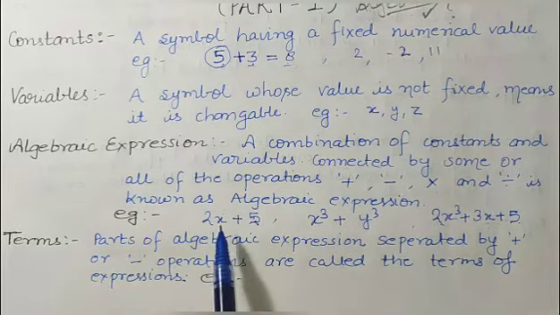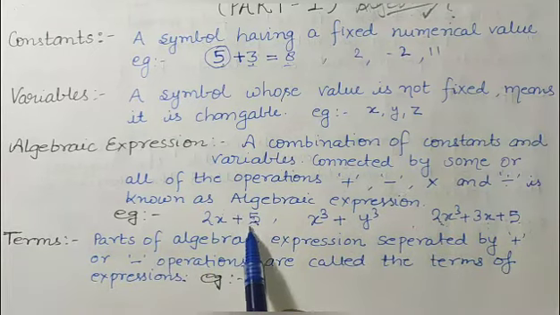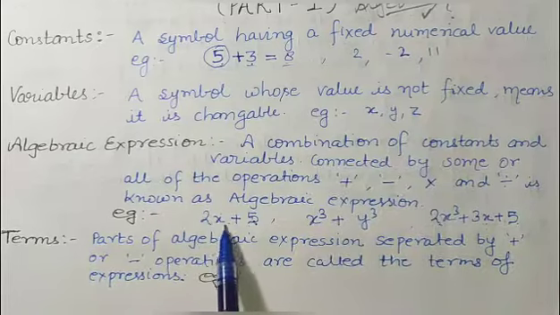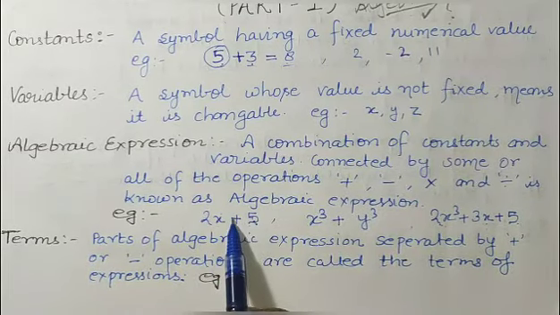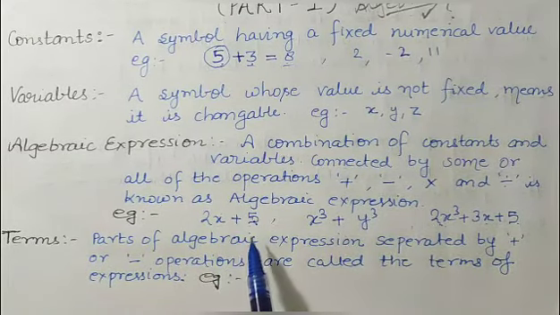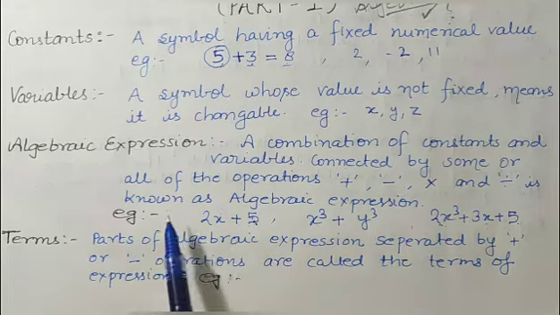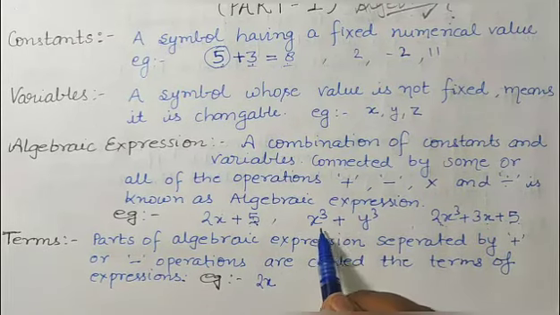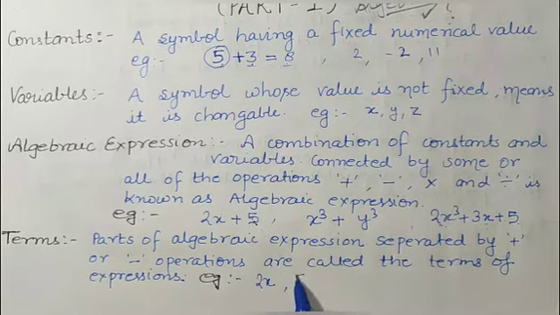In an algebraic expression, the parts which are separated by addition or subtraction sign will be known as terms. Like here in the first example, 2x is a term, and 5 is also a term.